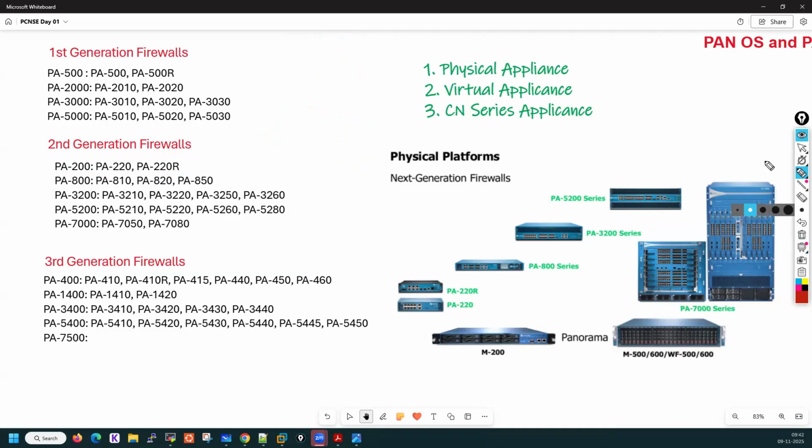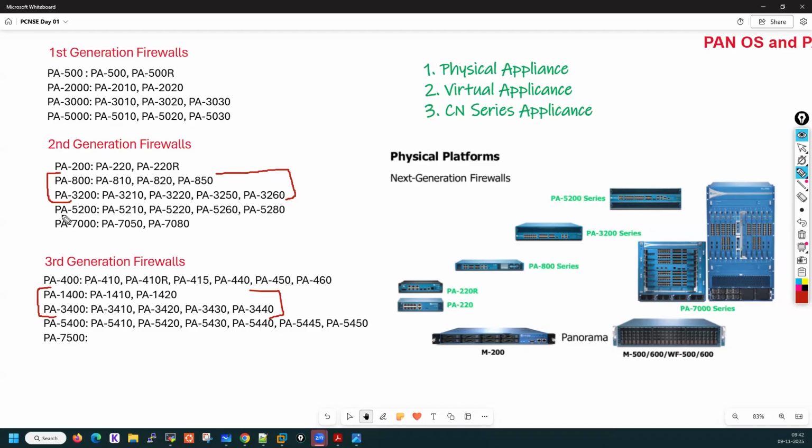For medium-sized organizations, they have offered the PA800 series and PA3200 series in second generation, and in third generation, the PA1400 series and PA3400 series. Those are for medium-sized organizations or medium-sized business units.